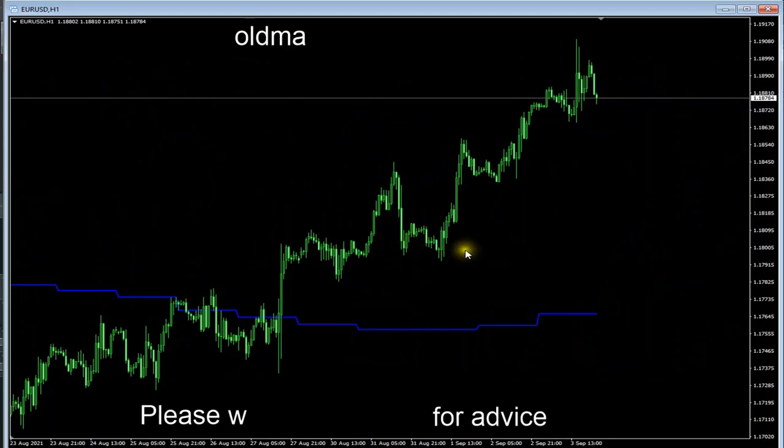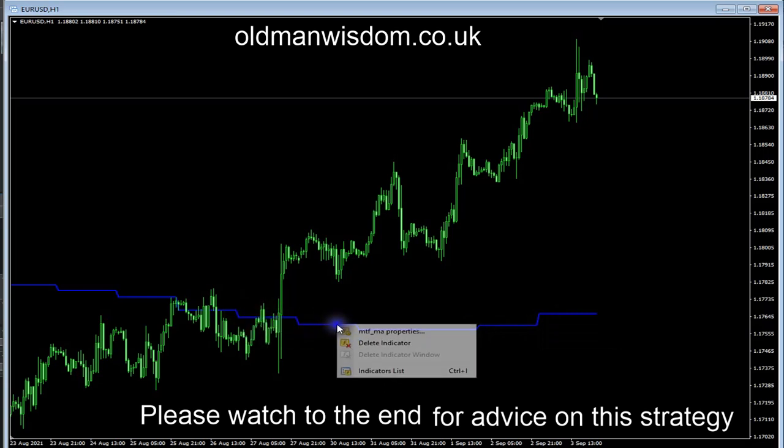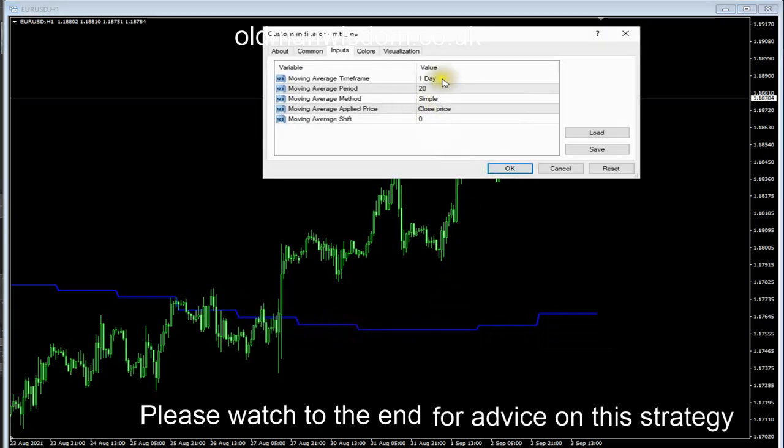So here we have the Euro USD on the 1 hour chart. You know that I like to make my entries on the 1 hour chart. I've removed the MACD, which is what I usually trade with, but I've left the multi-time frame moving average, which is like normal set to the 1 day, the 20 simple moving average.